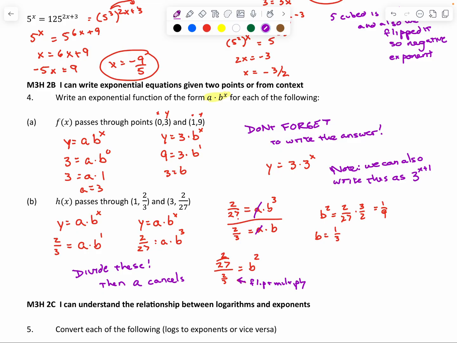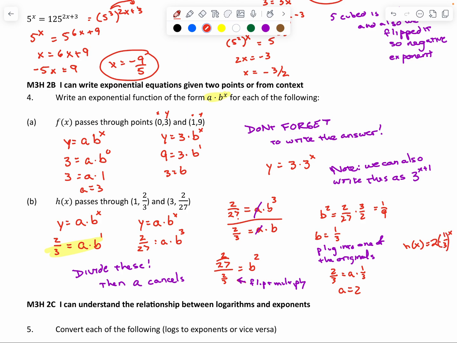Plug into, okay, I'll plug it into the first one because that's got smaller exponents. So I've got A is 2. Don't forget to write the answer. I think I labeled it as h of x. This is not correct.